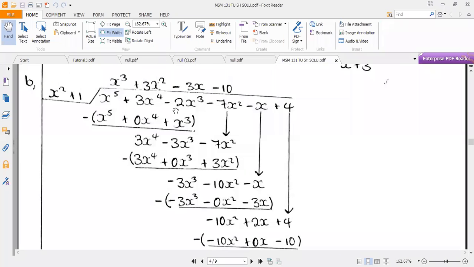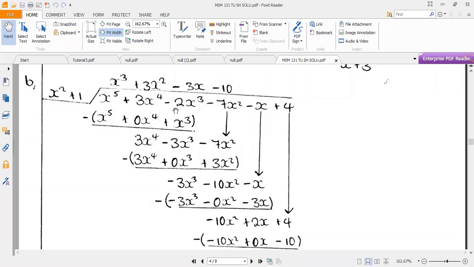I'm saying after you multiplied x to the power 3 by 1, you're supposed to put it under 3x to the power 4. But since there we put a 0, you got the x to the power 3 and put it on the next number, which is negative 2x to the power 3.